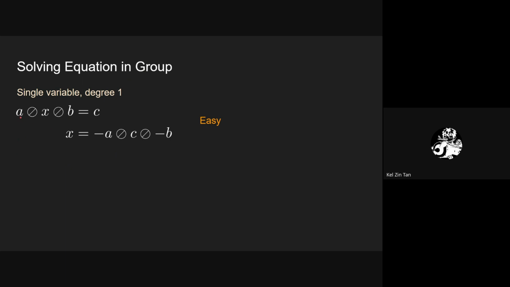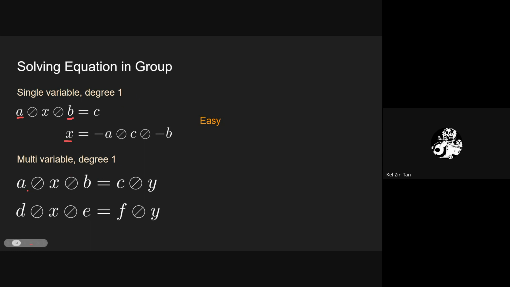Why? Because of the group property. We have the inverse element for A, and we have the inverse element for B. So we can always take the inverse on both sides, and then we can solve for X. So it's easy to solve if we are dealing with a single variable with degree 1. So what about multi-variable with degree 1?